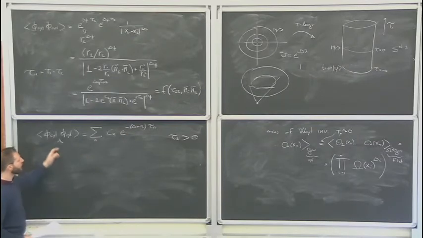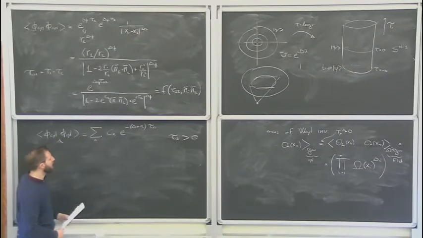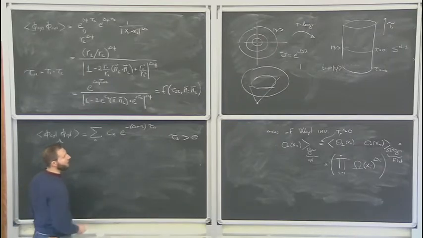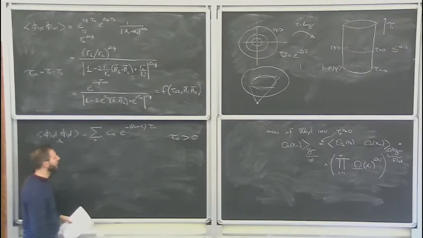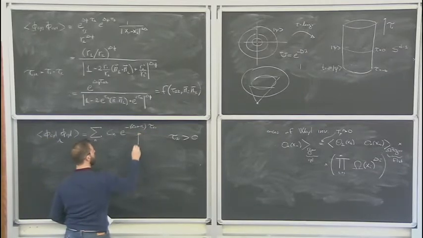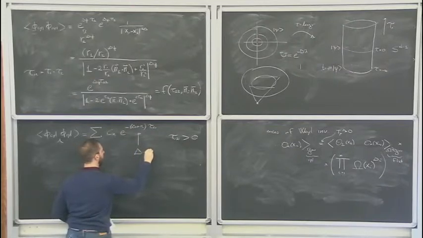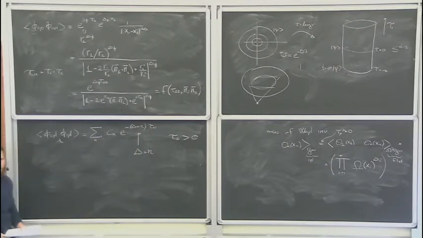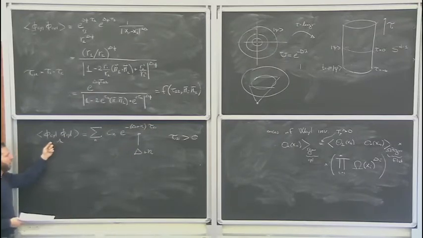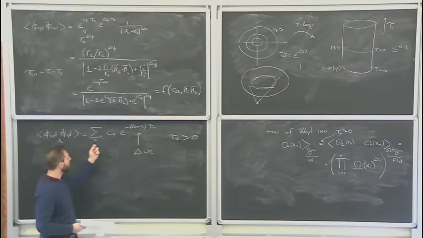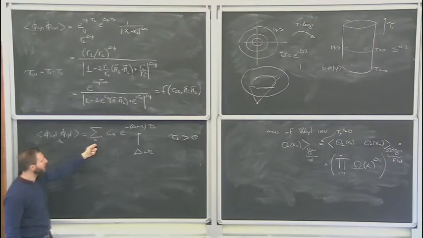So this formula is telling you that the eigenstates of energy that are exchanged in this two-point function are only states with energy delta plus n, with n integer. And what are they? Well, they are just all the descendants that belong to the representation of phi. Okay, so this sum over n is basically a sum over descendants.